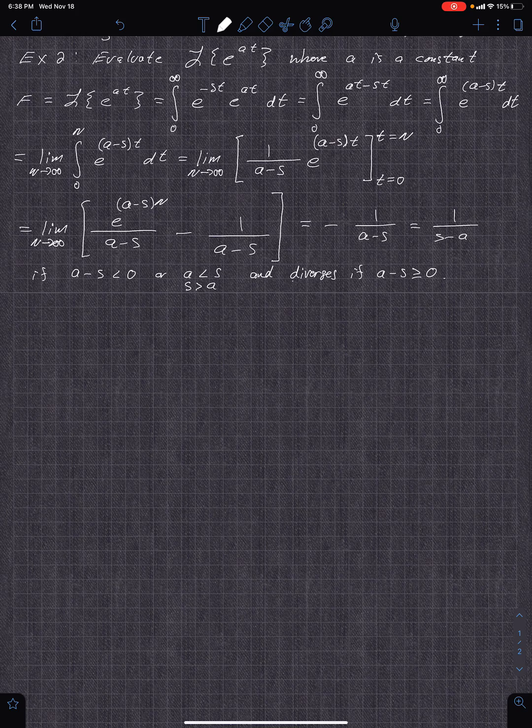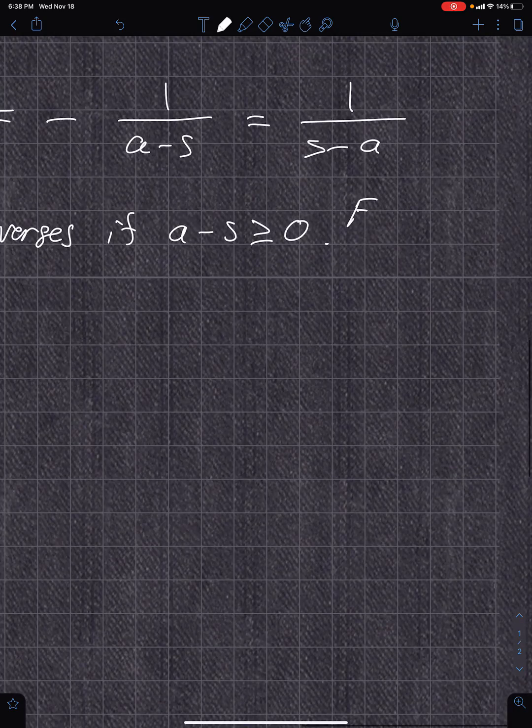So your f, then, your Laplace transform, is 1 over s minus a for a less than s. Or you can flip that around and say s greater than a. I think that's what the book does.